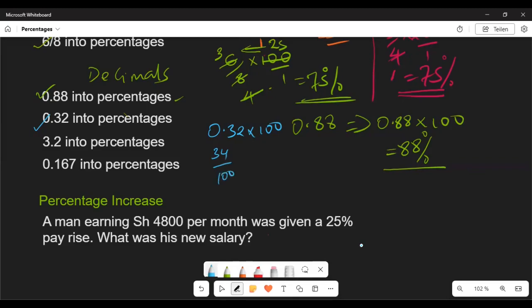That's the meaning. But what we're looking at is that 32 is that part of 100. So to get whole numbers, we just multiply 0.32 by 100 to have a whole number. So we're going to have 32. Now, when you get 32, that one becomes our percentage.